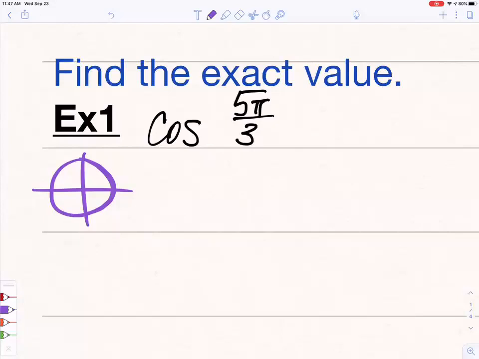Where? Find the position, right? Go find 5 pi over 3. So try to do this without looking. Where is 5 pi over 3? Second quadrant?